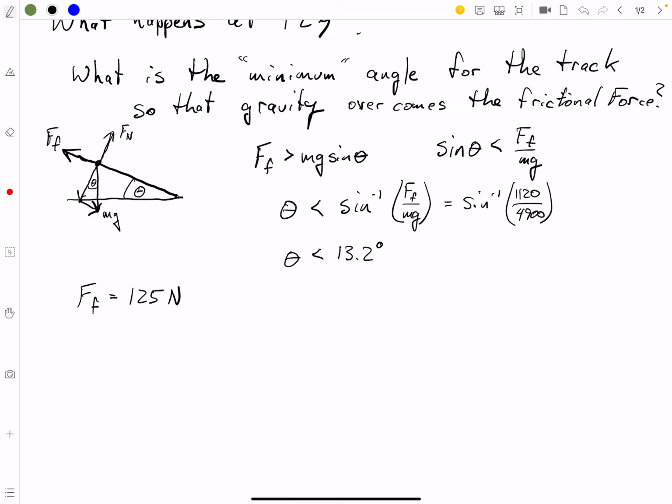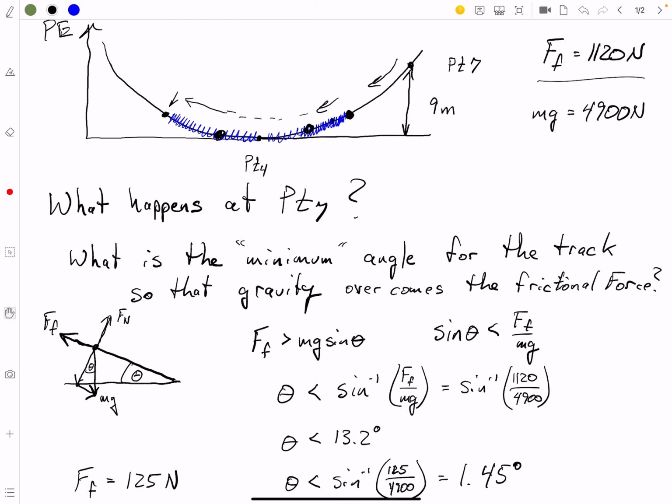Well, our angle is going to be less than the arc sine of 125 over 4,900, which equals 1.45 degrees. So at that point, let's come back to 1.45 degrees.